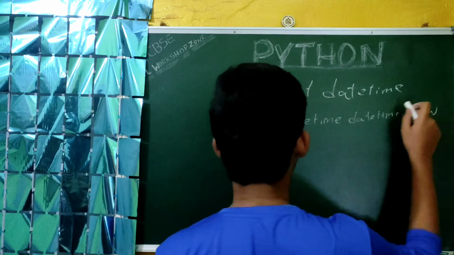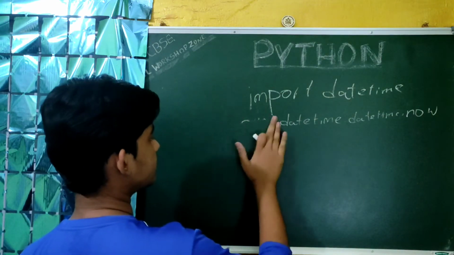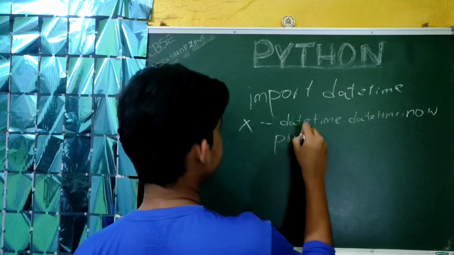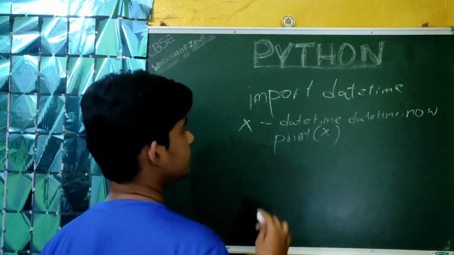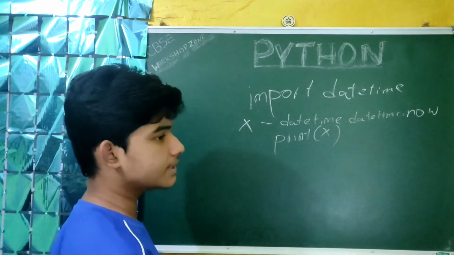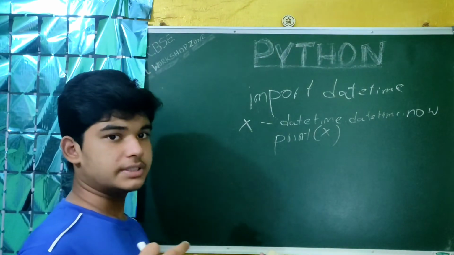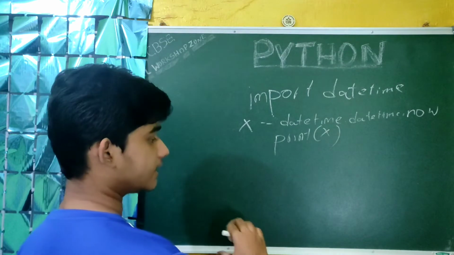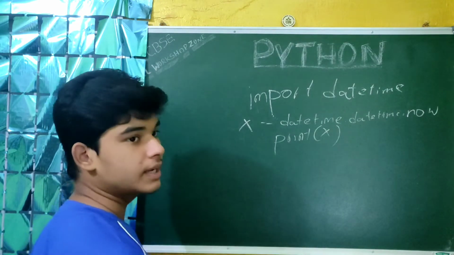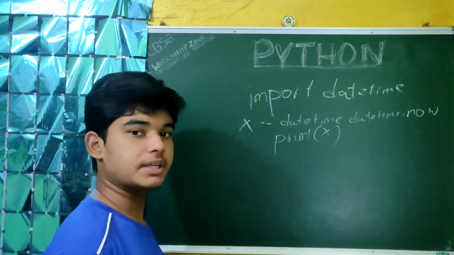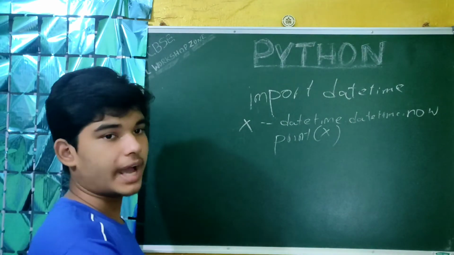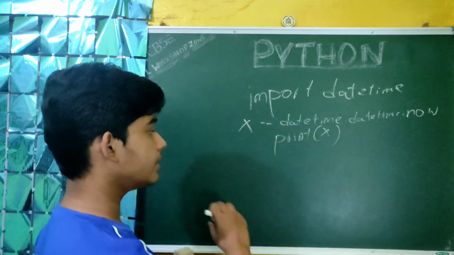Or, to make it a lot simpler, instead of print, let's say x equals that, and then print x. By using this, it checks the time on your computer and prints the time that you have stored in the computer. So for example, if the time in the computer is accurate to the actual time, then it will print the actual time.